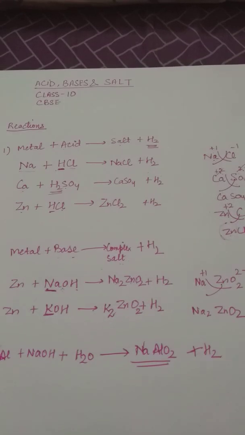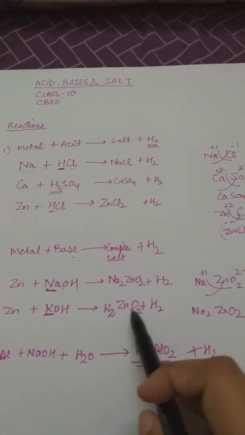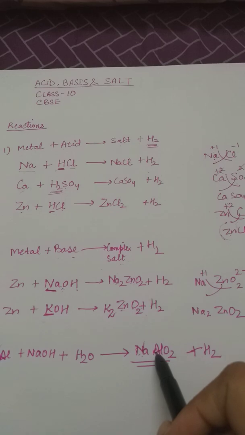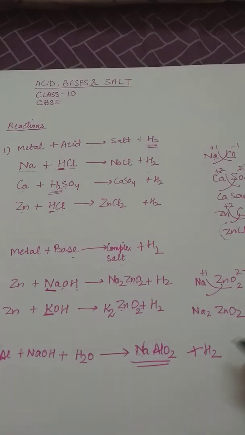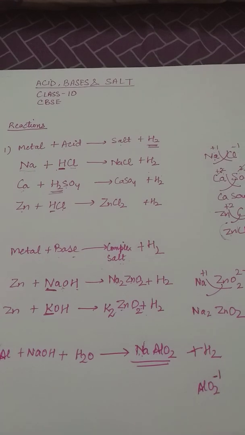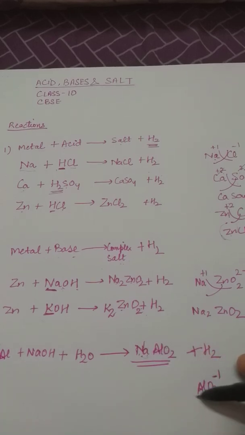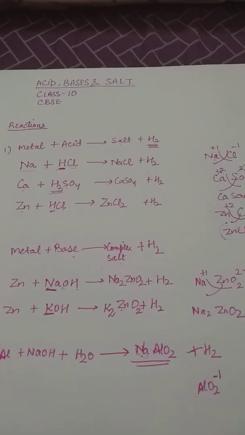And what is the name of this compound? The name is sodium aluminate, like it was zincate. And remember, the aluminate ion has valency -1. Sodium has valency +1. So when you cross, you will get NaAlO2.